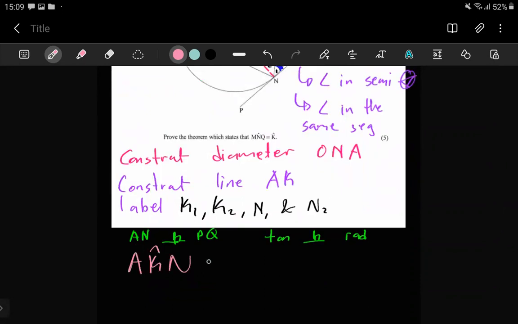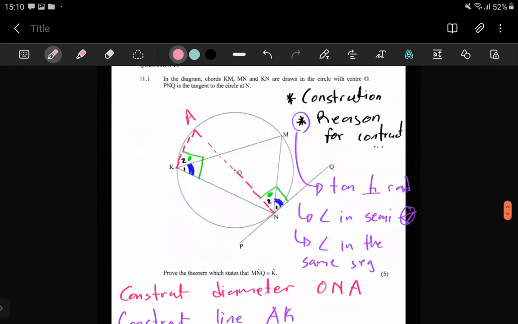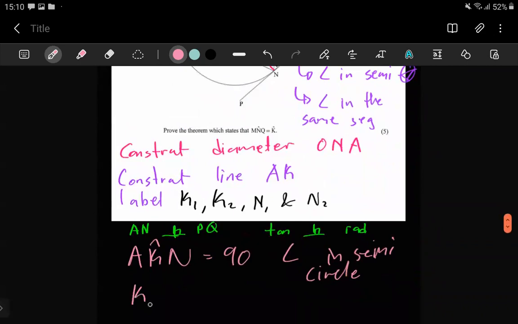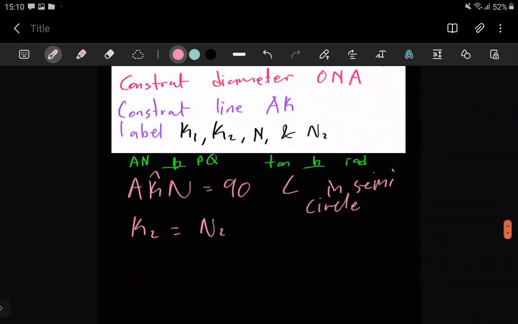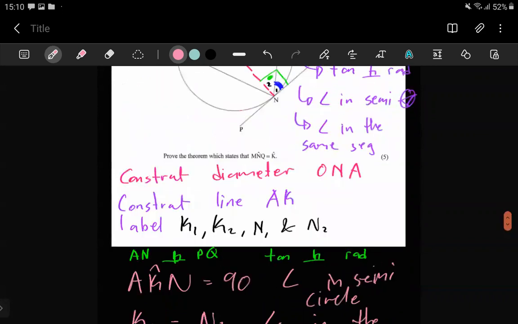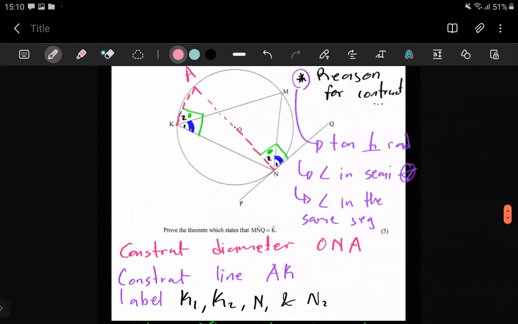The reason is angle in semicircle, because it's a diameter here, so an angle subtended by the diameter is a 90-degree angle. Thirdly, K2 is equal to N2. The reason is angles in the same segment.